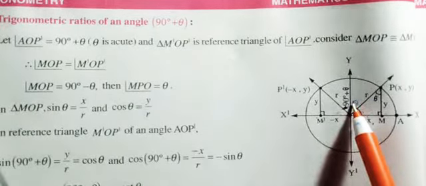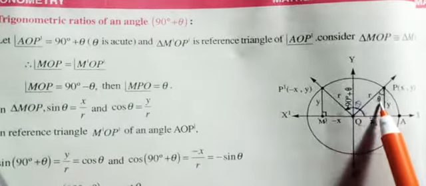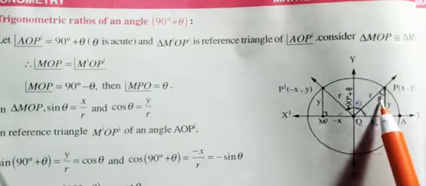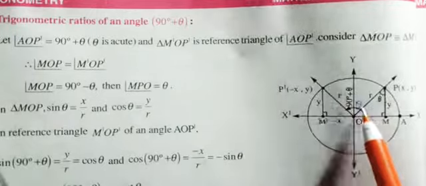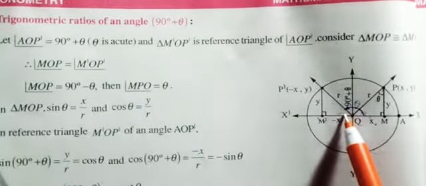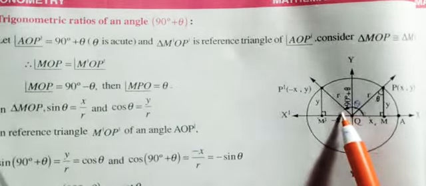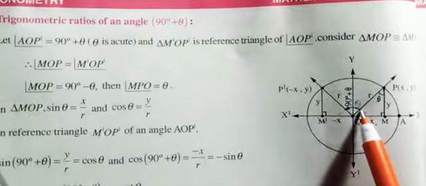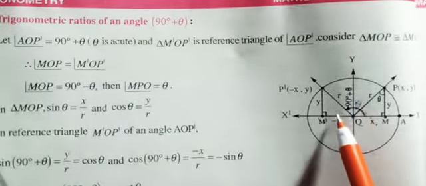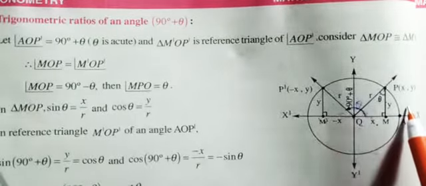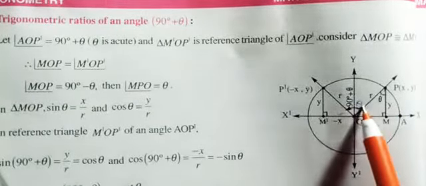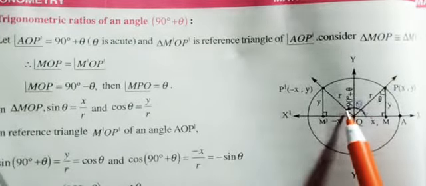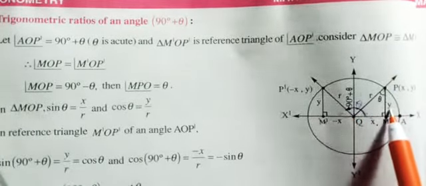Understood? Now if this angle is theta, then this is 90 minus theta, this is also 90 minus theta. So 90 minus theta plus x plus 90 minus theta is equal to 180. If we calculate that, the value of x is equal to 2 theta.